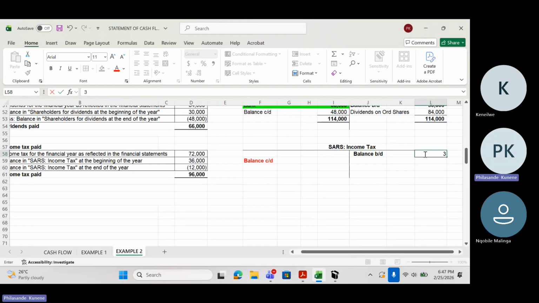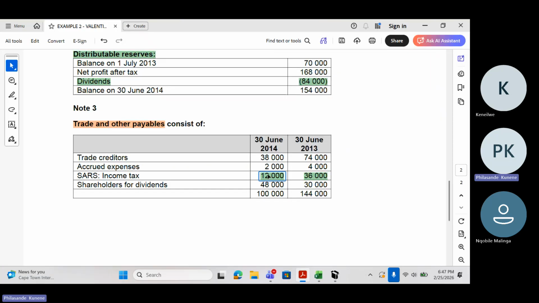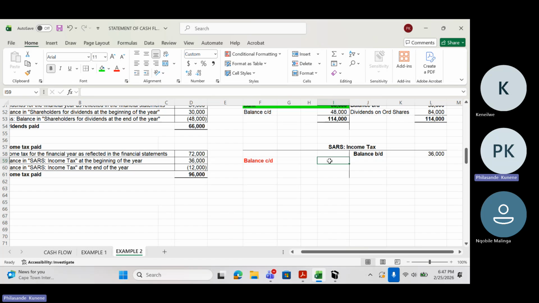So I'm going to say 36,000 rands here. And then my balance carried down, how much will that be? By looking at the information that is provided to us, let's go and check. That is 12,000 rands, which is the balance at the end of the year. I'm going to have 12,000 rands here, as you guys can see.